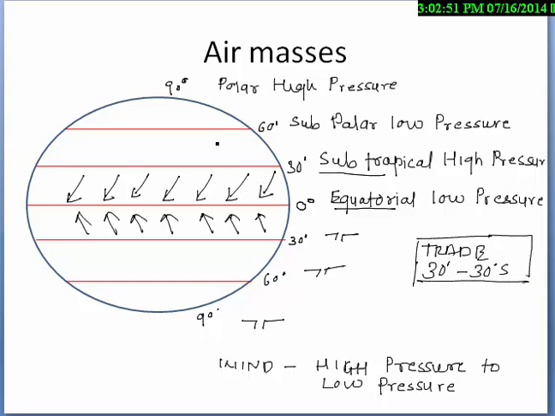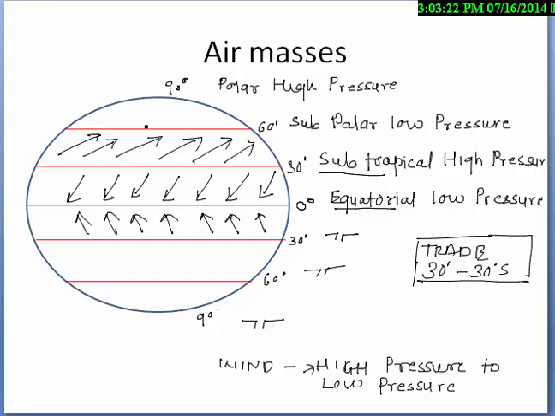As we go more upward, again remember the thumb rule: high pressure belt to low pressure belt. 30 degree subtropical is a high pressure belt and 60 degree subpolar is a low pressure belt. So the wind travels something like this, from high pressure belt to low pressure belt. And the same with the polar high pressure belt and subpolar low pressure belt.